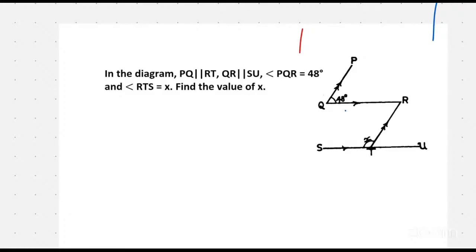All right, so to find the value of X, we need to pay attention closely to the diagram. I'm sure you're getting ready for this question.